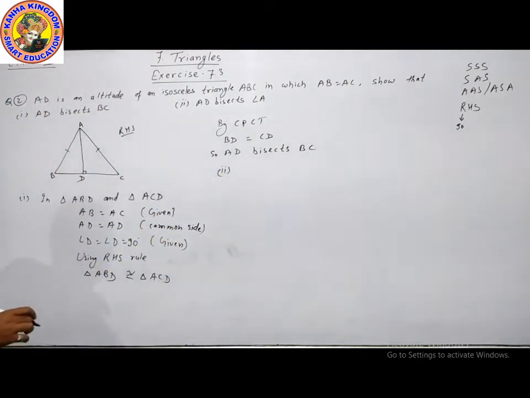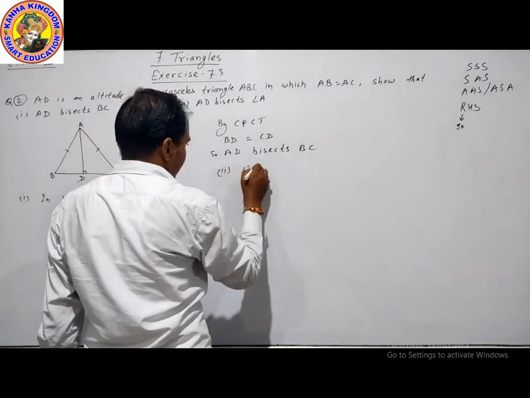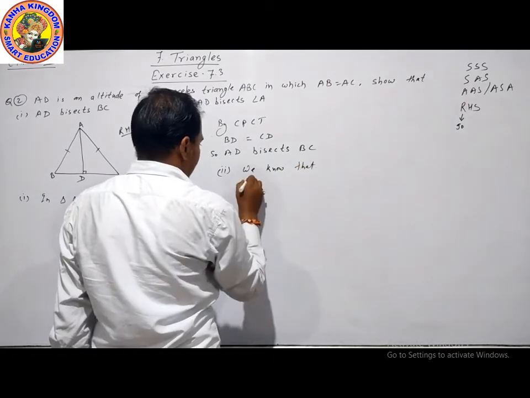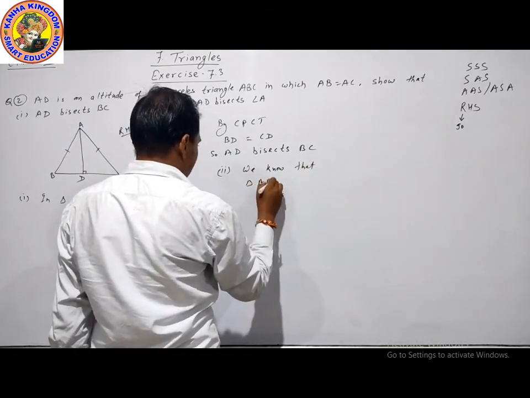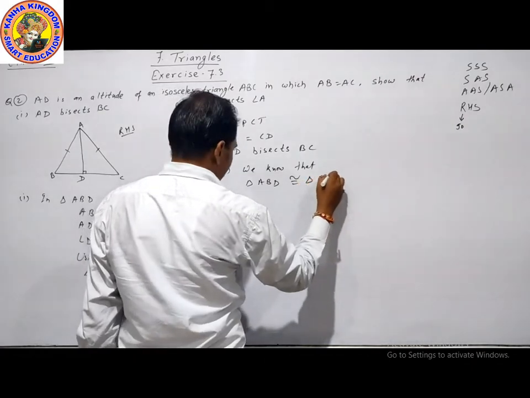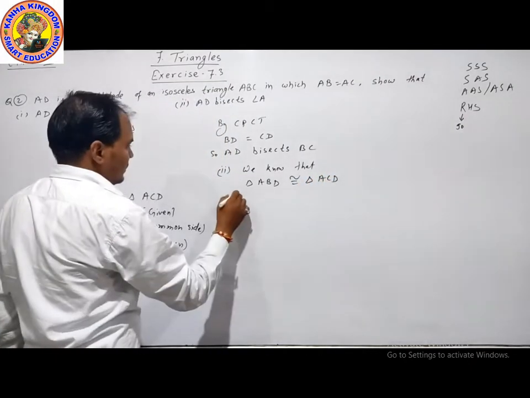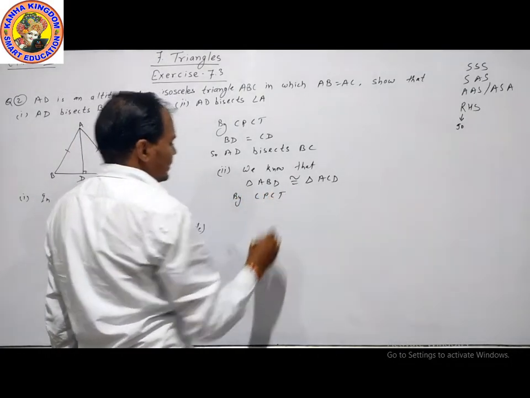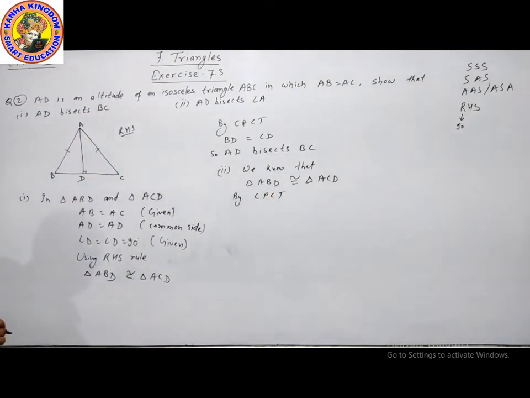Second, AD bisects angle A. We know that triangle ABD is congruent with triangle ACD by CPCT. Corresponding parts of congruent triangles are equal by CPCT.